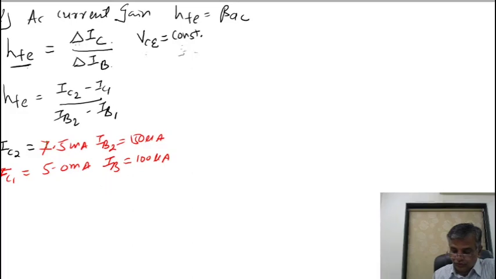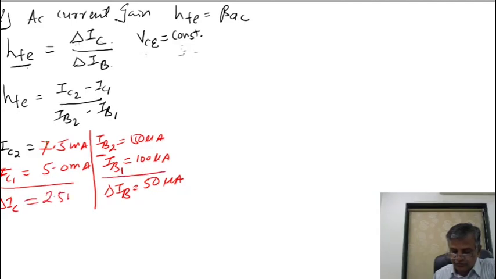So the change in base current, the difference of these two, is 50 microampere. The change in collector current, the difference of these two, is 2.5 milliampere.